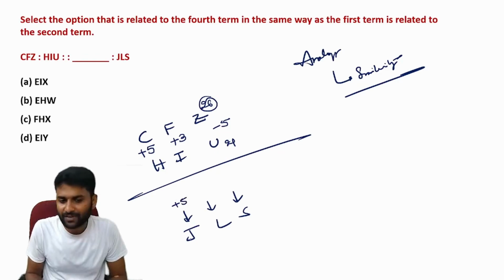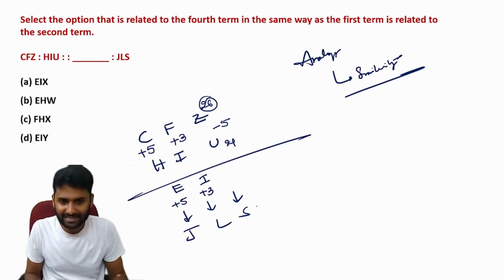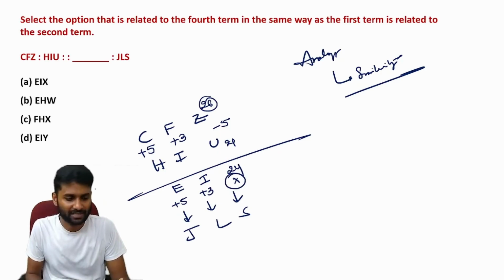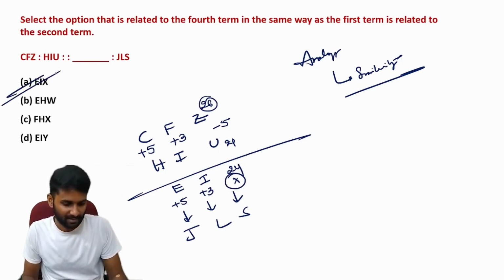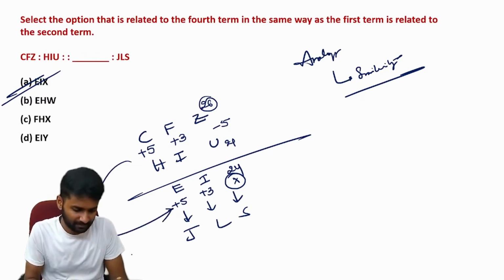If you add plus 5, it becomes J. So J minus 5 means we need the fifth letter, which must be E. Again plus 3, so 9 plus 3 is equal to 12. Then consider S, the 19th letter. If you subtract 5 units from the 19th letter, we have to consider the 14th letter. So your answer is E I X, which is the correct answer. The similarity is all about applying the same relation here.